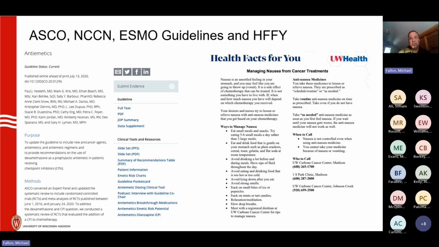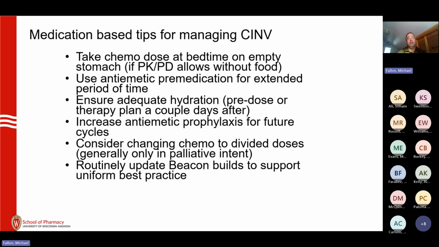The health effects for you is pretty decent for nausea in cancer. And then some tips for managing nausea: temozolomide is an oral alkylating agent chemo. We'll tend to give that at bedtime on an empty stomach, and that helps with nausea.